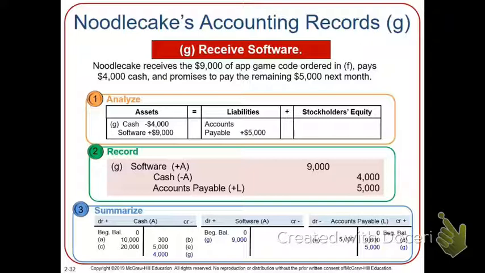We are going to debit the software because that is increasing. We're going to credit cash because we were paying $4,000, and we're also going to credit accounts payable because we owe the other $5,000. So 3 different things are going on in that one.